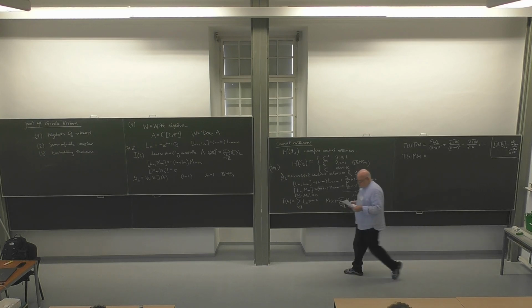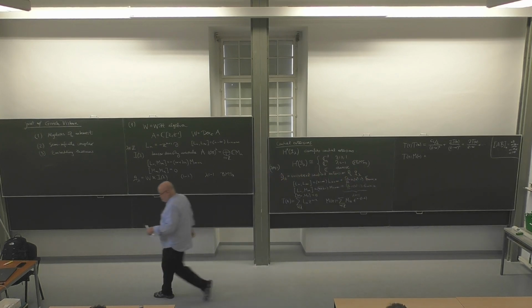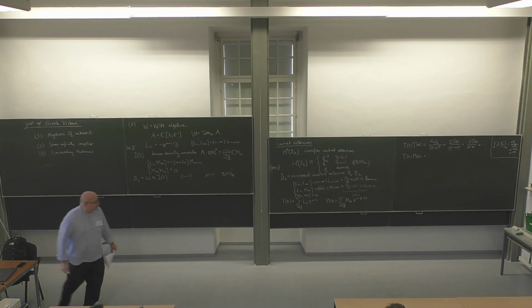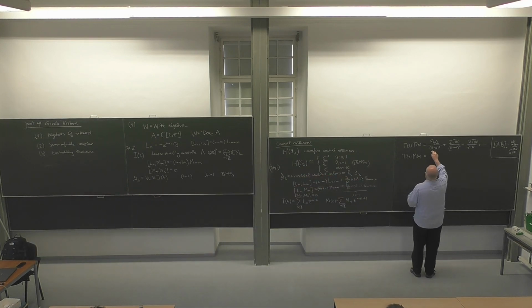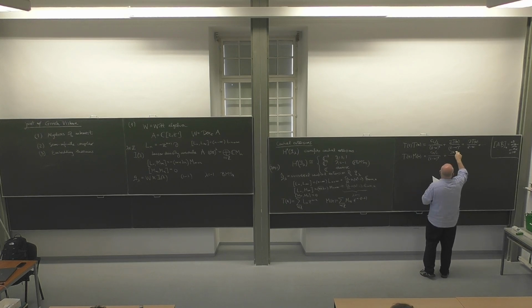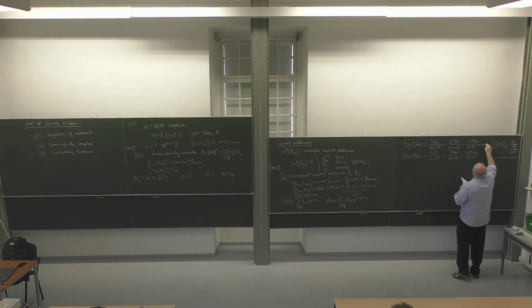I'll write it in red. I'm going to regret the color coding in a while, but at some point I'll stop. When I say dot, dot, dot, I just mean regular terms.